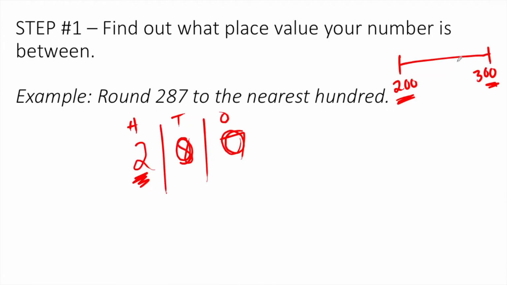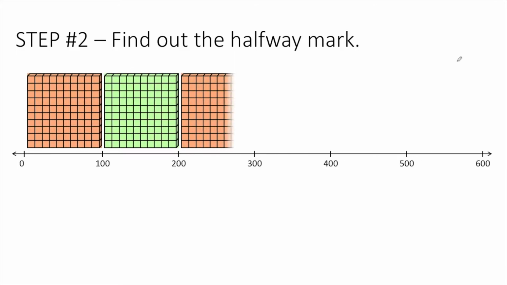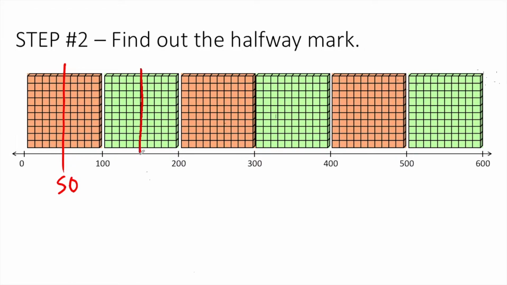Then we find the halfway mark. Now, the thing to think about is with that skip counting, in between each number is 100, like a hundreds block. And halfway would be 50. So this is a little bit different. We are using a different halfway mark because now we don't have tens in between each number. We have hundreds.